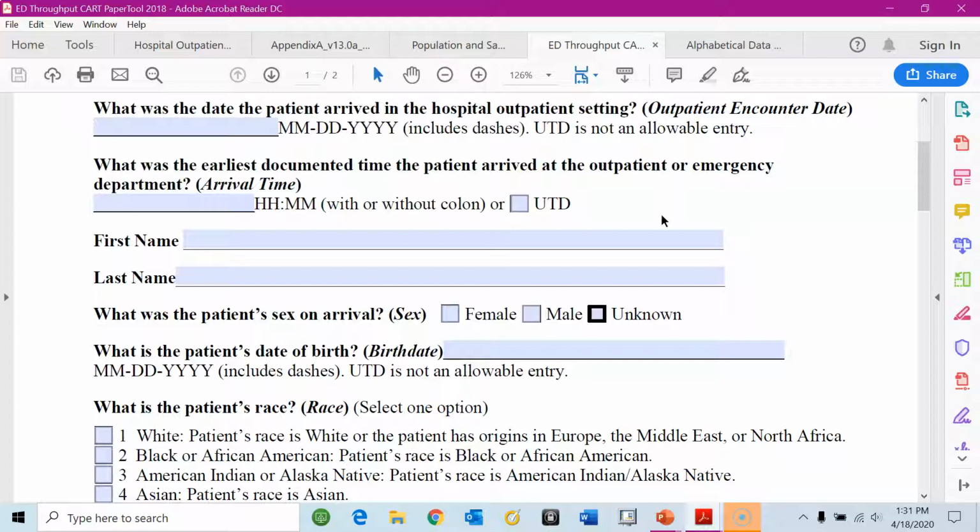I mean, you might have a couple different spots in the record where it says the patient arrived, or a couple different spots where it says that they were discharged, because of different people putting things in the record at different times, or in different spots. So you have to make sure that the patient just arrives once. They are discharged once. The earliest time, the time they left, is once. So when you've got more than one spot in your record that says those words, you've got to figure out which is the correct one.